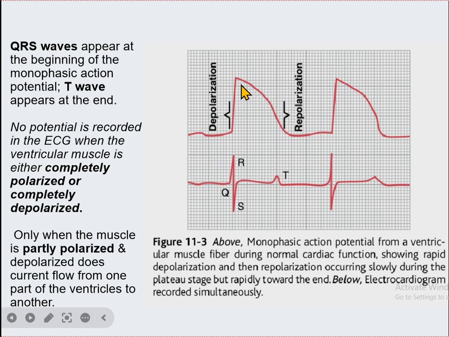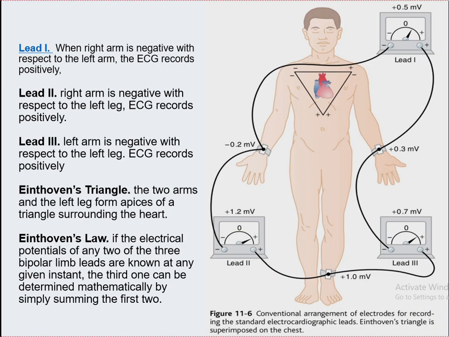The same thing happens in this region, where the ventricles are completely depolarized because depolarization took place throughout this plateau phase. Also, the ECG will show you a constant segment, which is the ST segment. Meaning, if the heart is completely depolarized, the ECG will show you 0 millivolts. If the heart is completely repolarized, it will show you again 0 millivolts.